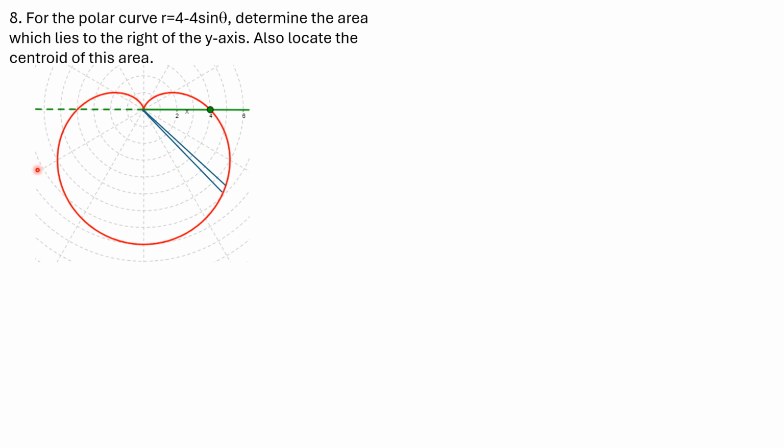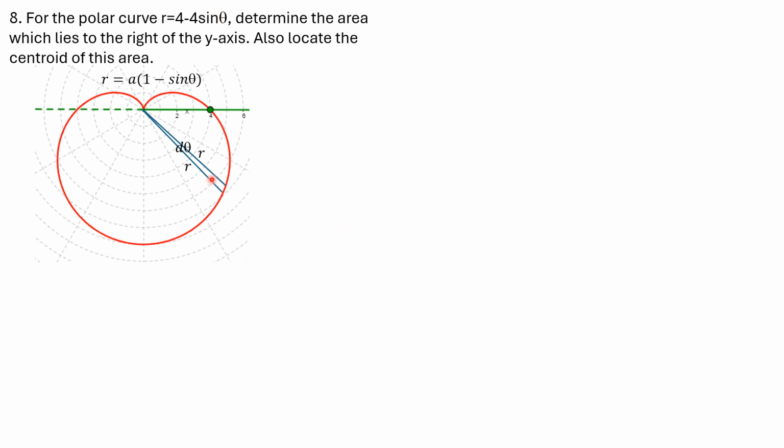So this is the graph of the cardioid, which is in general r equals a quantity 1 minus sine theta. So that's r and differential theta for the differential angle of this sector element, differential sector element. And that's the polar equation in general, a quantity 1 minus sine theta, where a is 4 in this problem.